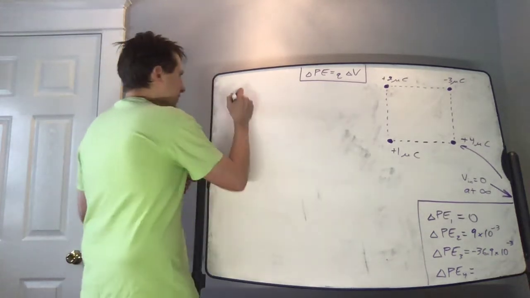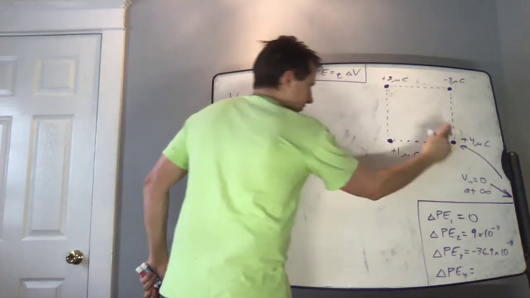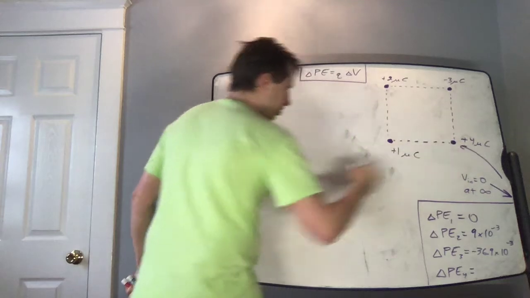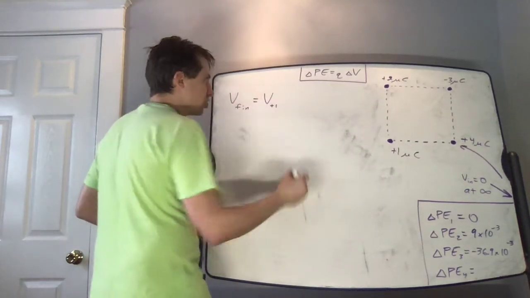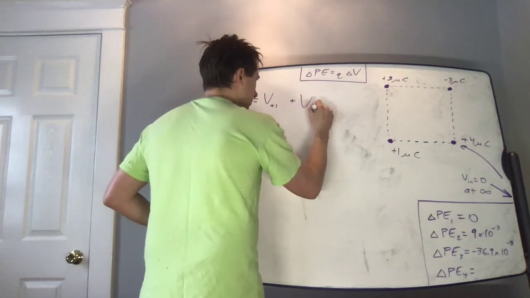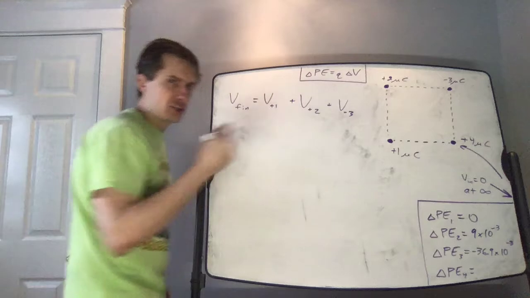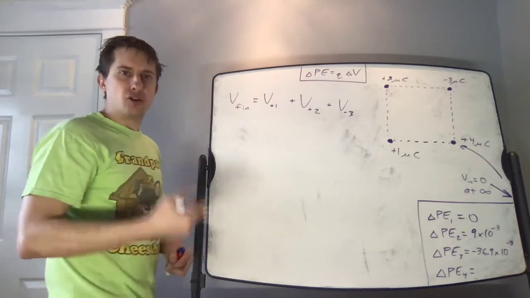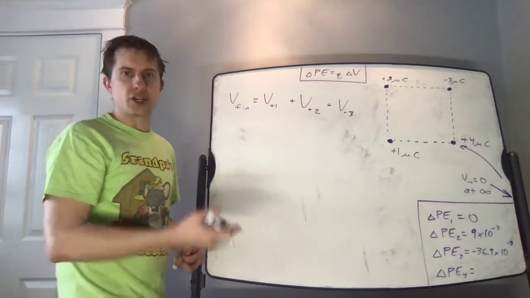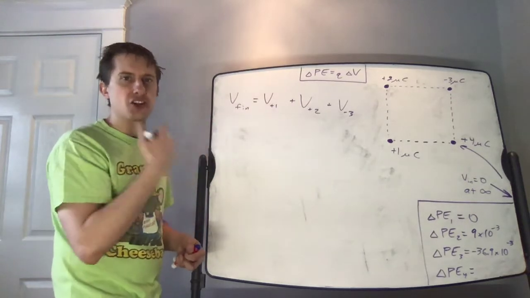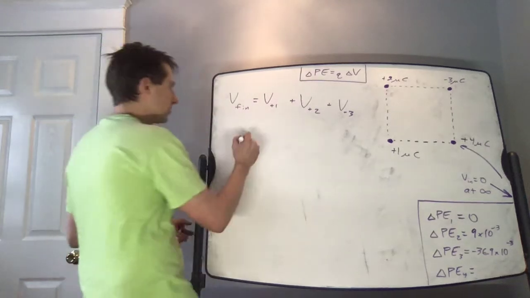But when I calculate V final, there will be 3 contributions to the electric potential at the final location of the charge that moved. There will be the contribution from the plus 1 charge, the contribution from the plus 2 charge, and the contribution from the minus 3 charge. So I will have 3 terms of KQ over R because I have 3 point particles all contributing to the electric potential at that location.